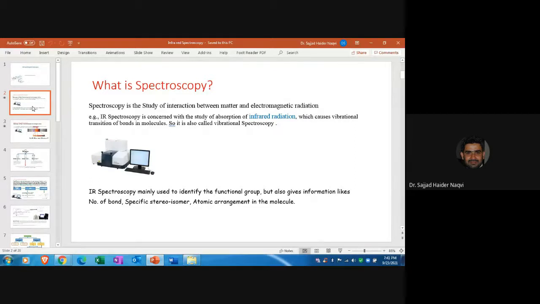Which light? The infrared radiation. As a result of the absorption of that IR radiation, there is a change in the molecule that absorbs the light, and that change would be either vibrational or transitional.